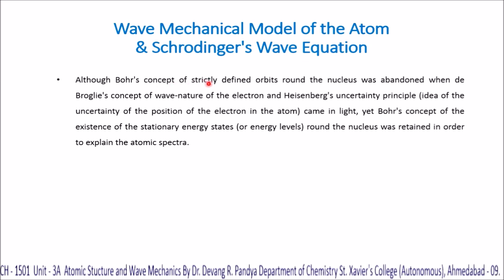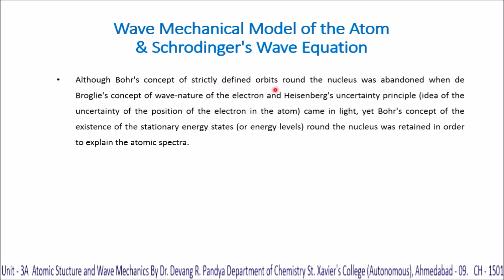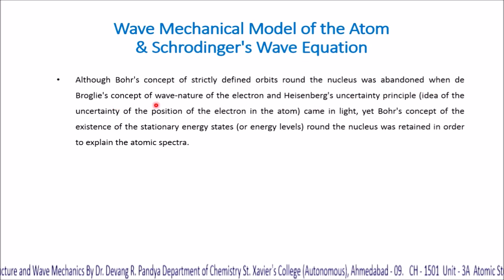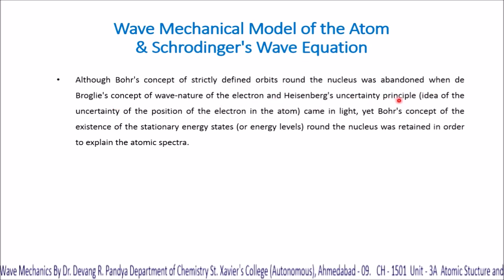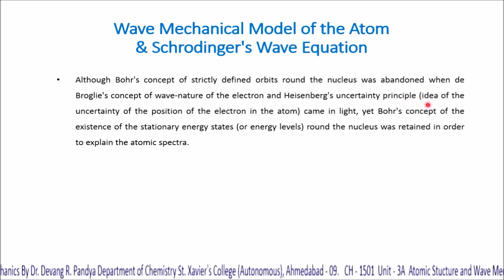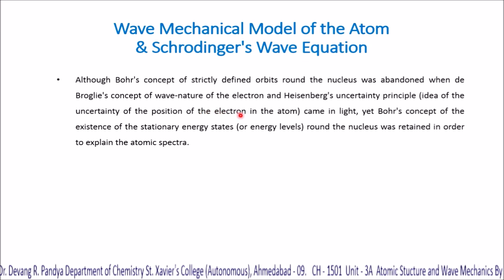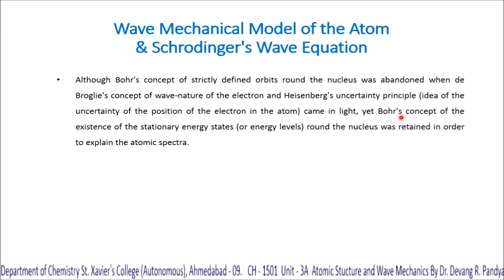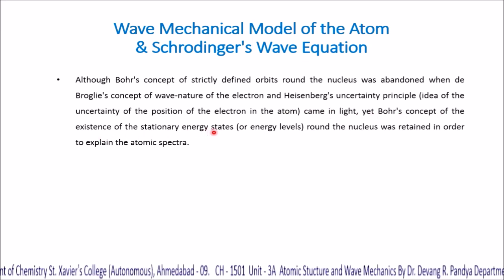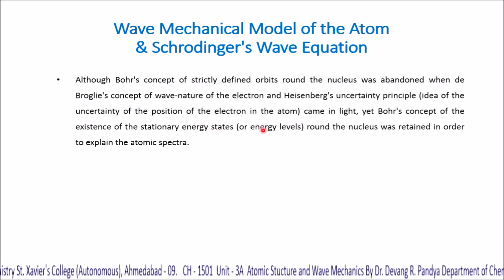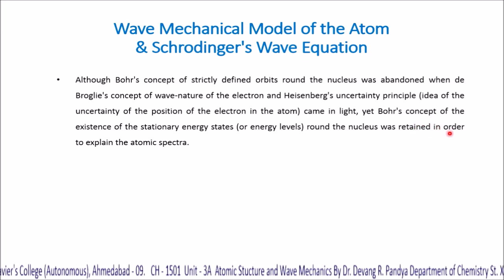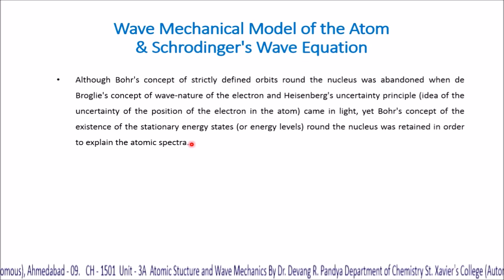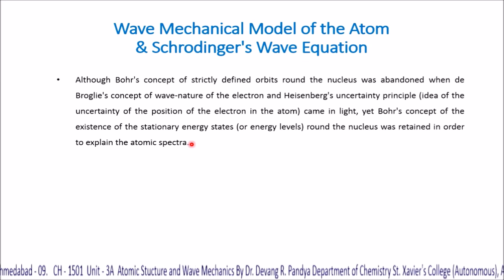Although Bohr's concept of strictly defined orbits, that is stationary orbits round the nucleus, was abandoned when de Broglie's concept of the wave nature of the electron and Heisenberg's uncertainty principle, the idea of uncertainty of position of the electron in space in the atom, came to light, yet Bohr's concept of the existence of stationary energy states, energy levels around the nucleus, was retained in order to explain the atomic spectra.